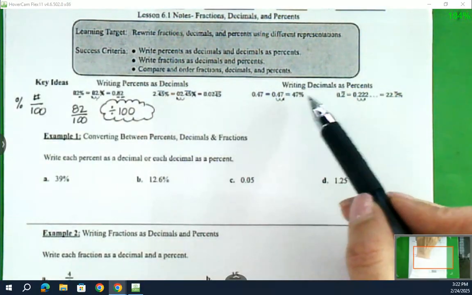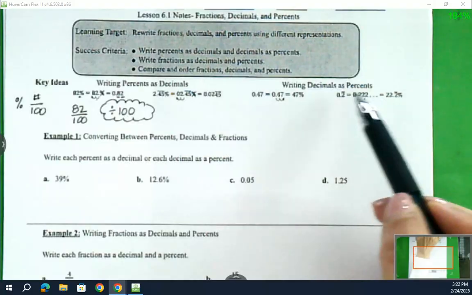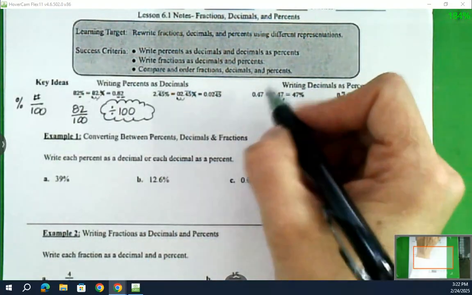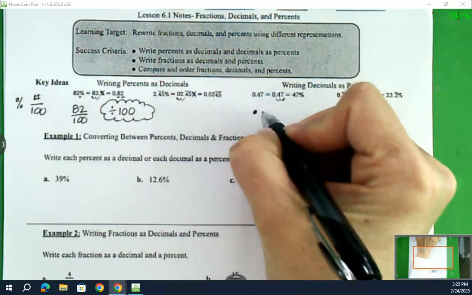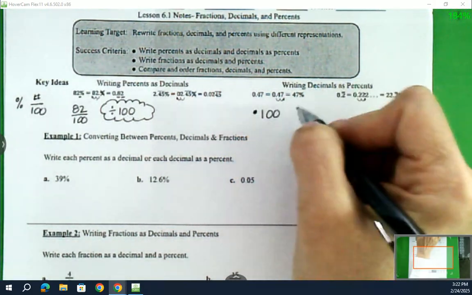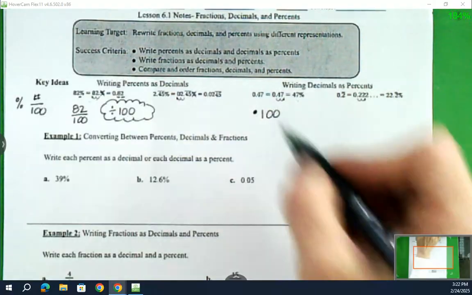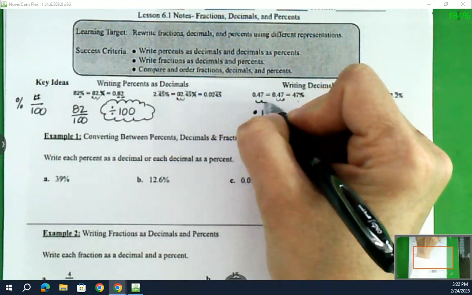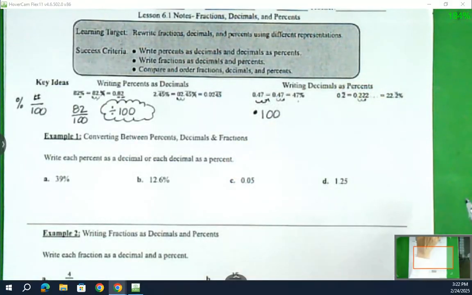Conversely, when you have a decimal and you want to make a percent, the opposite of dividing by 100 is to take your decimal and multiply it by 100, and that should get you back to your percentage. Or reading place value, in this case they're saying to move 2 decimal places to the right.